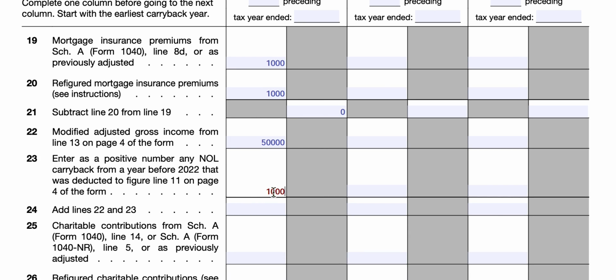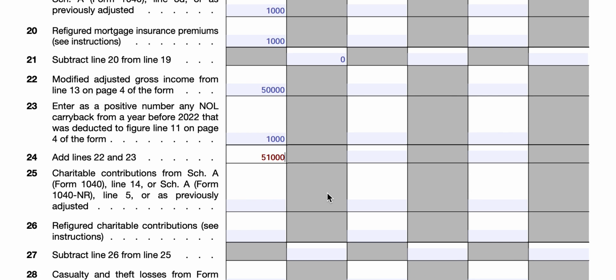You'll add these two lines, so 51,000. And then you'll enter on line 25 any charitable contributions from Schedule A, line 14, or if you're filing Form 1040NR, it would be on line 5 of your Schedule A.